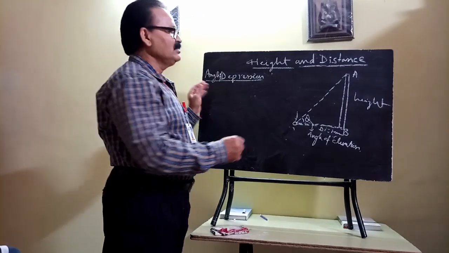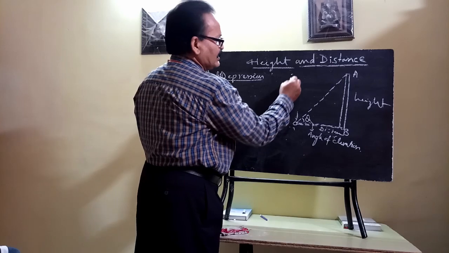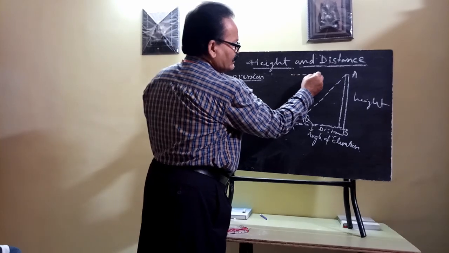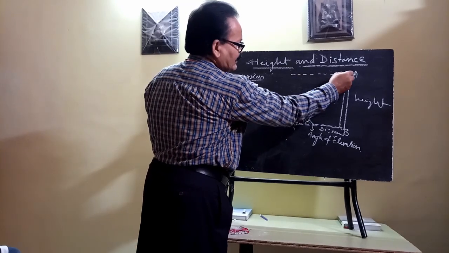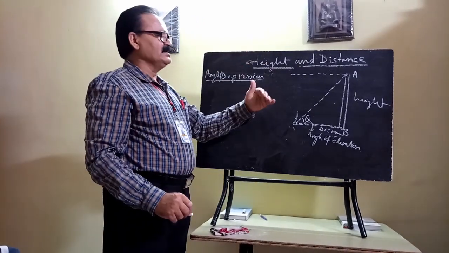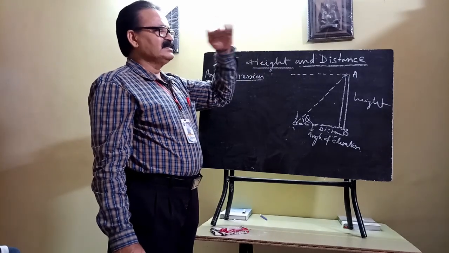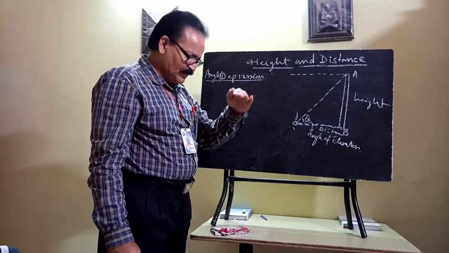So what will happen? When the person is at the top of the building, this is the original level, the horizontal level of his line of sight. But when he wants to see the person on the road, his line of sight has to be depressed.